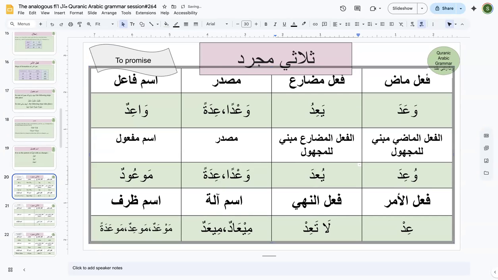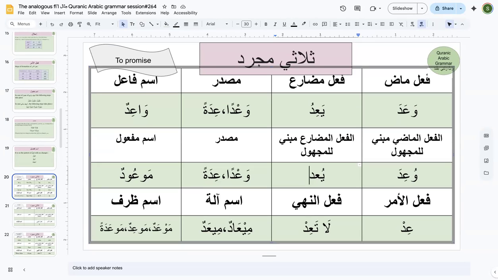Then your ya'idu is going to be yu'adu. And then your masdar is the same. And when it comes to your ism maf'ul, do you notice any difference? It's the same.